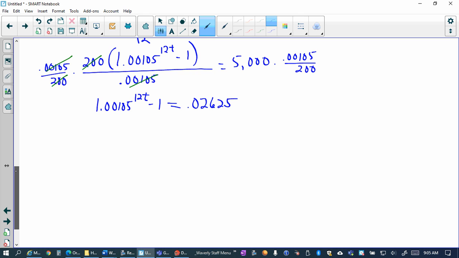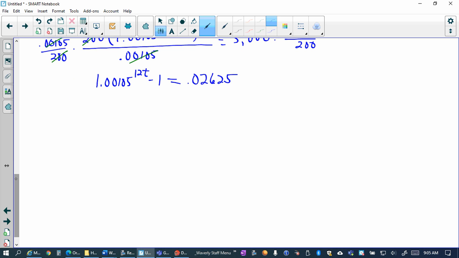And now let's just take the log base 10 of both sides. We could do the log base 1.00105, but whatever. So if we do log 1.00105 to the 12t, we'll get log of 0.02625. Bring the exponent out front.